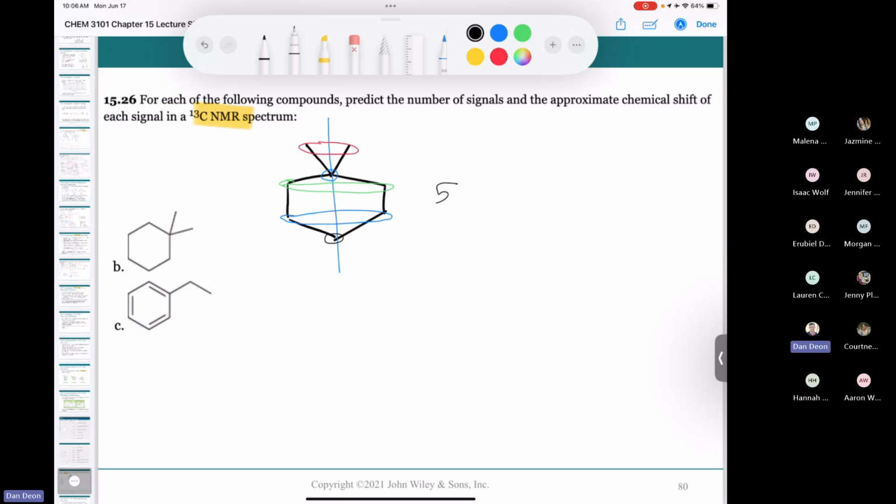So for this compound, we would see a total of 5 signals. Does that make sense now that you see it? Okay, cool. What about the last one, the one on the bottom?